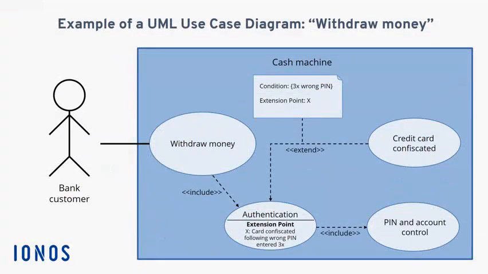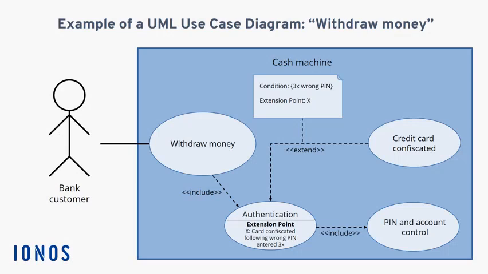This is an example of a use case diagram where a bank customer is going to withdraw money. It allows the developer to work out scenarios. If the customer is to withdraw money, what would the customer have to do? What are the various steps involved? This allows the developer to work out a series of steps.